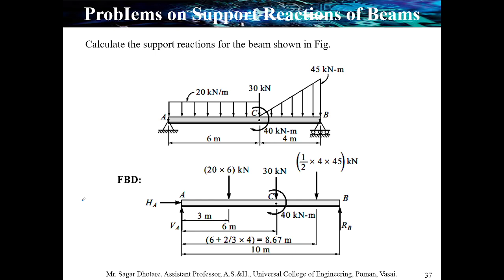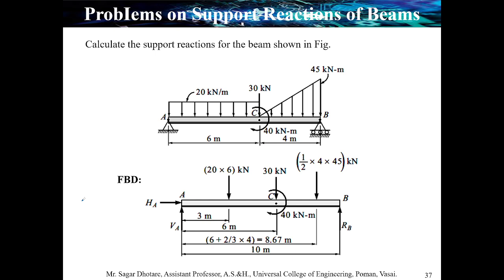Based on these three conditions, we can find the unknown values: the horizontal component at point A, the vertical component at point A, and the reaction due to the rolling support at point B. So first, just identify the three conditions I have just mentioned.